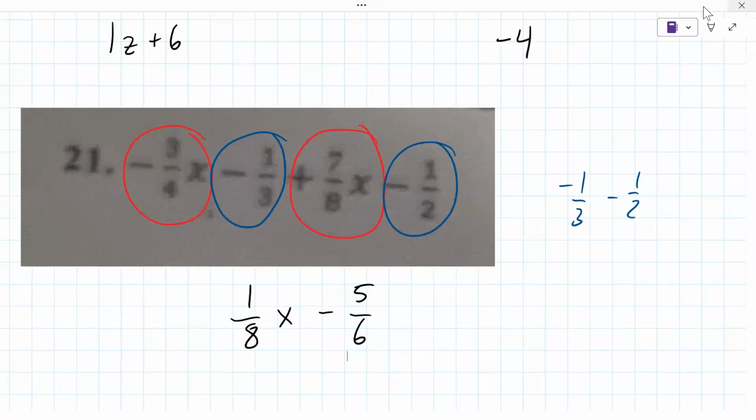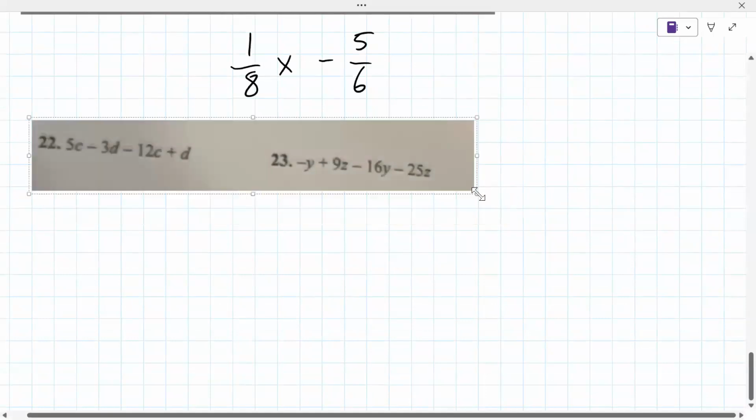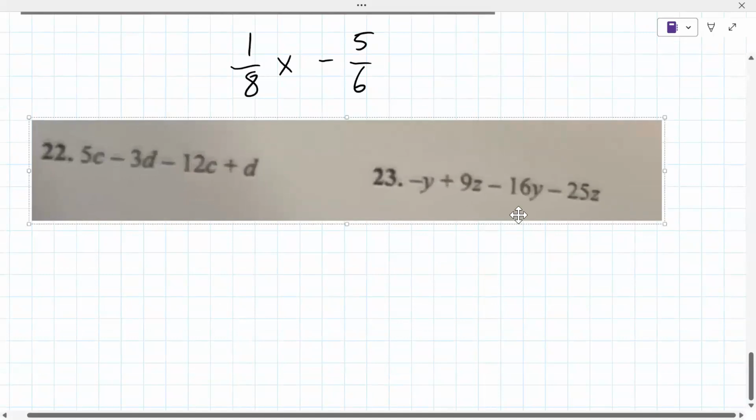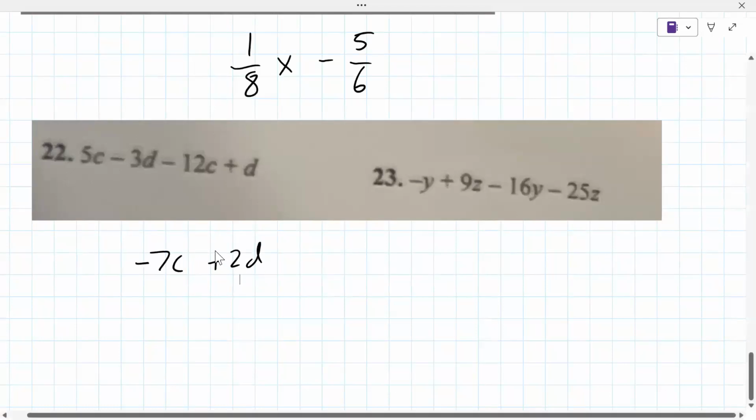Okay, so the next two, I think the coefficients being integers really is a lot easier than fractions. Just less going on there. So give these a try. Same deal, combining like terms. Make sure you... -7c plus -2d. Like this, or did you say -2d? Minus 2d. Okay, that is correct.